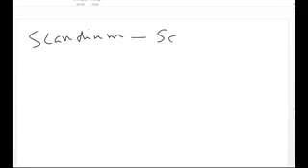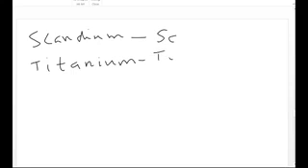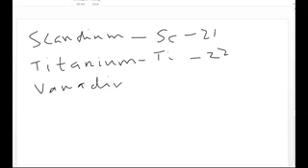The first row transition metals. We have scandium, Sc. We have titanium, Ti. This is number 21, this one is number 22. We have vanadium, V, number 23.